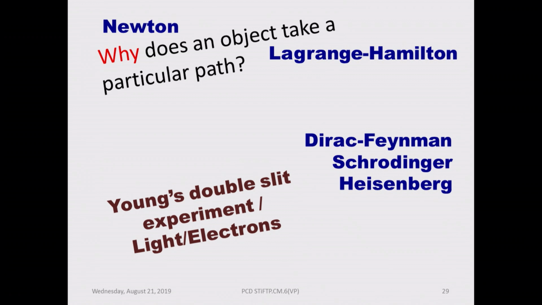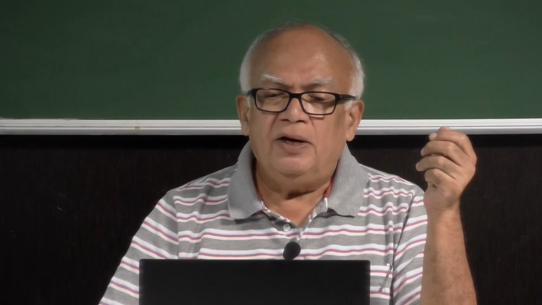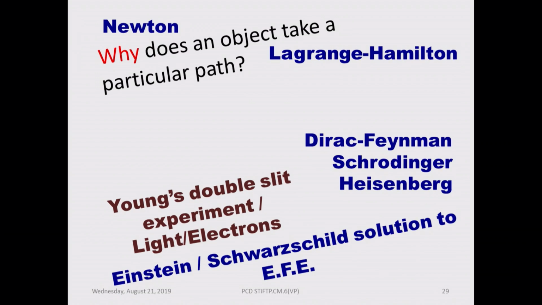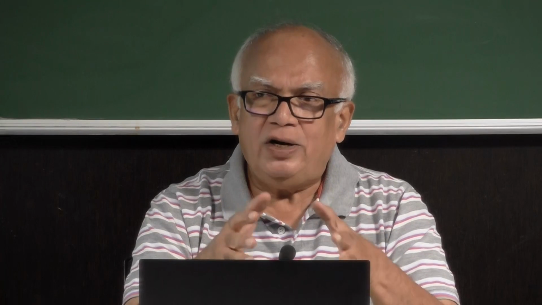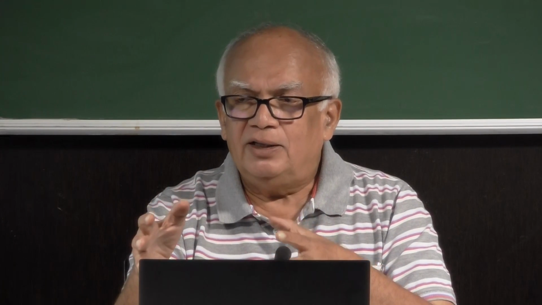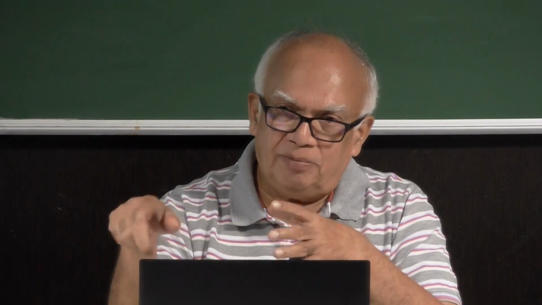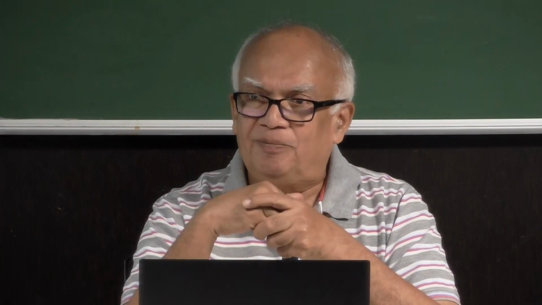And if you go even to the theory of relativity, the general theory of relativity, you can use a similar variational principle, which you will see in the last unit we will do in classical mechanics, in which we will obtain the Schwarzschild solution to the Einstein field equation to describe certain results which can be accounted for only by invoking the general theory of relativity, which is the precession of the Mercury orbit.